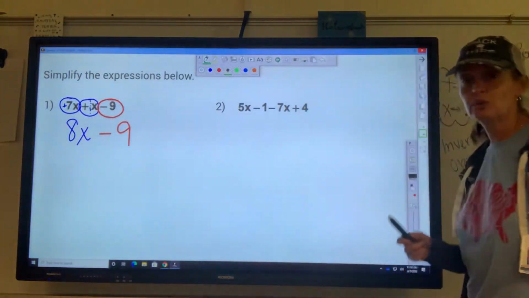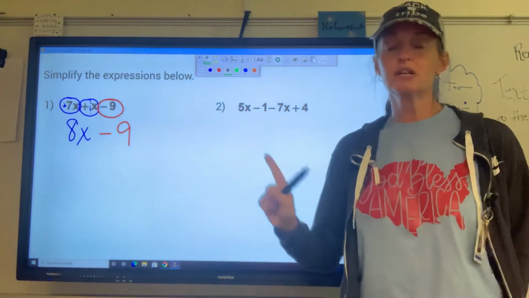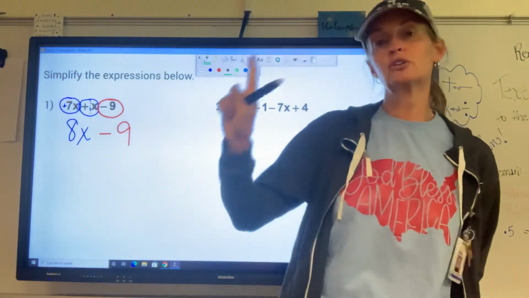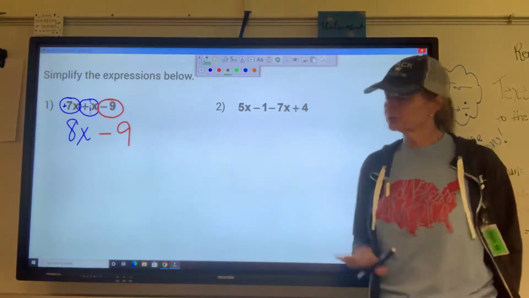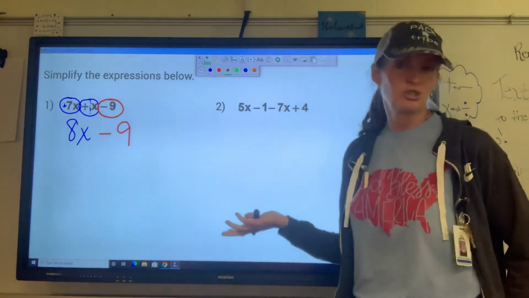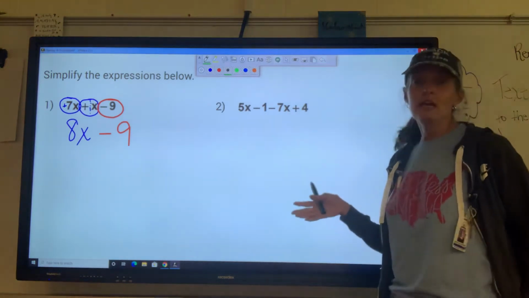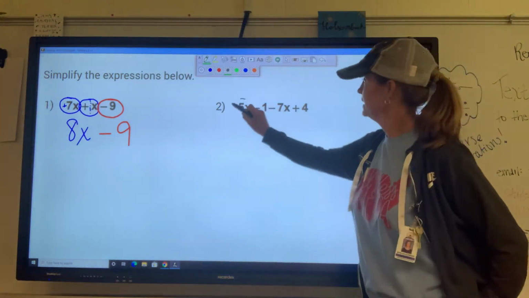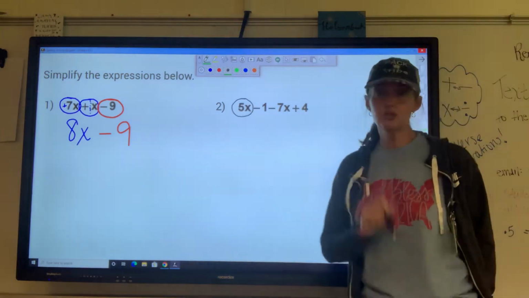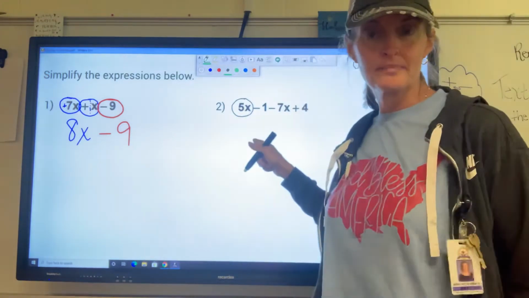And so what I do is I will use different ways. Sometimes I'll use little cloudy circles. Sometimes I'll use regular circles. Sometimes I'll use a box. I always start with circles because that's just what I'm used to. So if I go through here and I'm looking, the first term is 5x. So I'm going to circle it. Now, I want to circle all the other terms that look like that one.